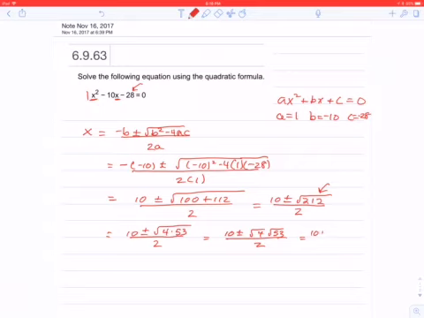So it's 10 plus or minus the square root of 4, which is 2, times the square root of 53, all over 2. Now I notice that 2 goes into each term of the numerator and into the denominator.